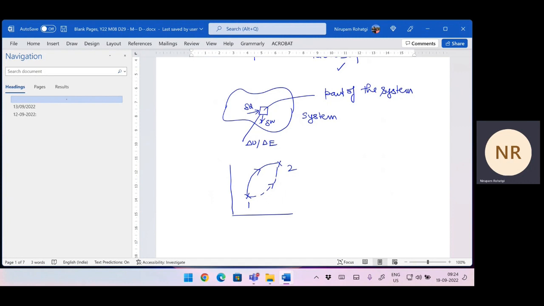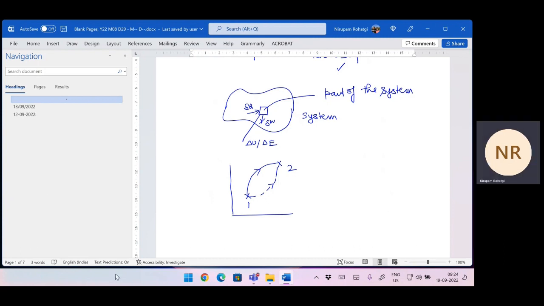If you are moving very slowly along a quasi-static process, that means at each point the state of the system is known to you. But if the process is abrupt and you know only the initial and final state, like an explosion or accident, and you are unable to measure what is happening in between, then you show it by a dotted line.